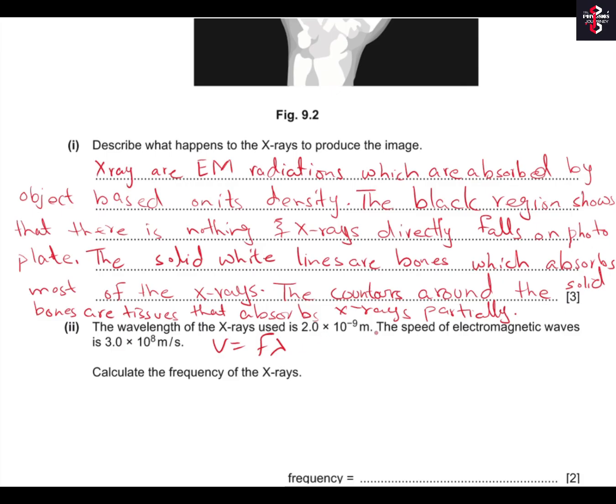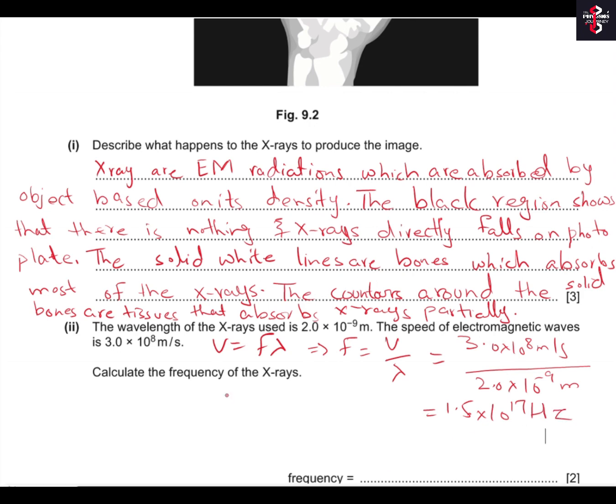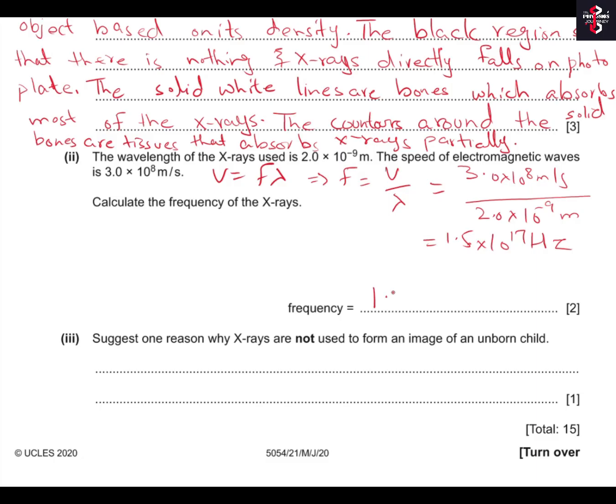We are asked to find frequency, so frequency equals v over lambda. v is 3.0 multiplied by 10 power 8 meter per second, and wavelength lambda is 2.0 multiplied by 10 power minus 9 meter. By calculating these, we will get 1.5 multiplied by 10 power 17 hertz. So the frequency is 1.5 multiplied by 10 power 17 hertz.